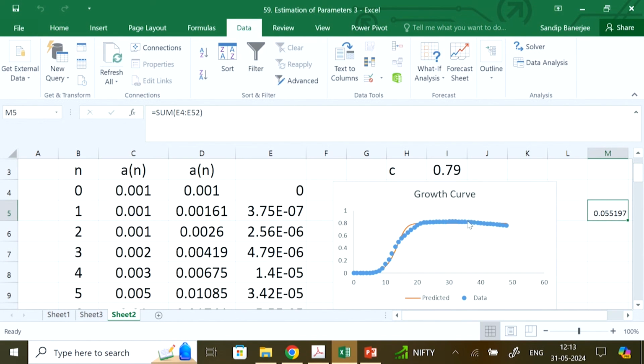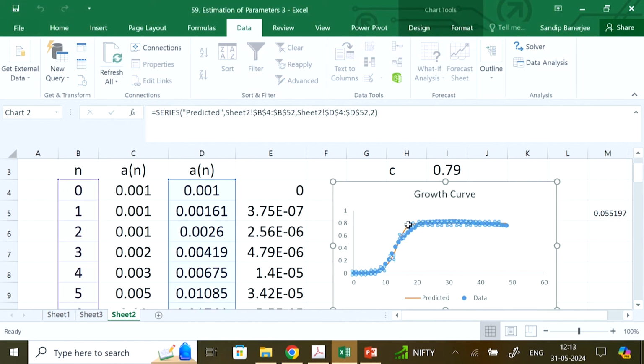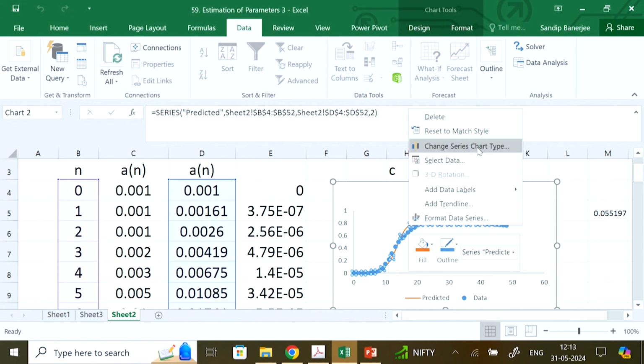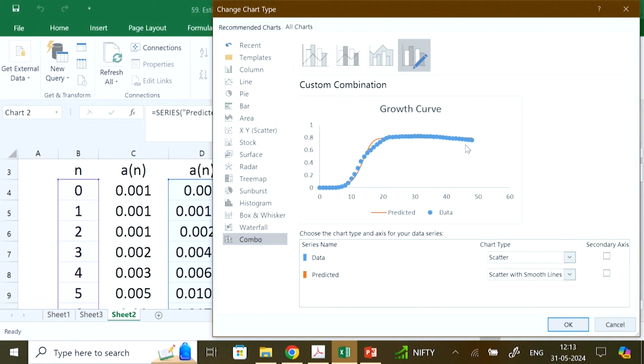Because this is embedded here, you cannot see it, but let me see if I can change the chart type.